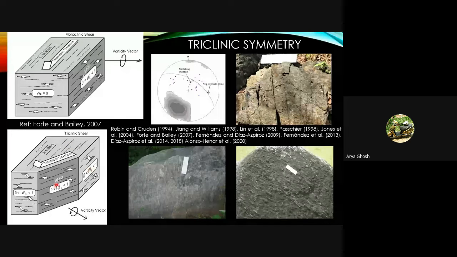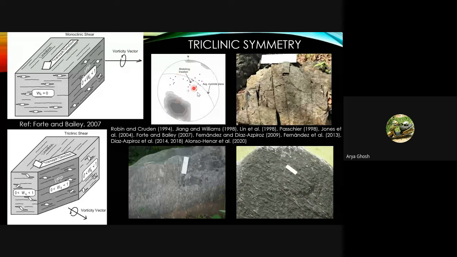Now, apart from that, we also noted one interesting feature, which is variation in plunge of the stretching lineation. In the field, or in the stereographic projection, this has been depicted: the average mylonitic foliation is this, and it almost maintains a constant orientation. But when we look at the lineation, it actually varies over the foliation.